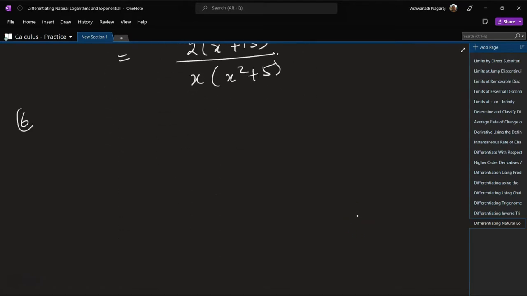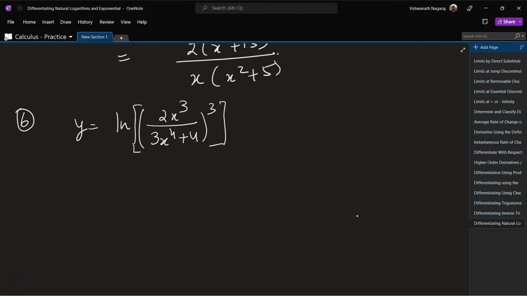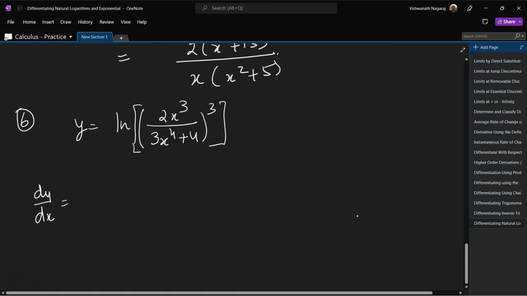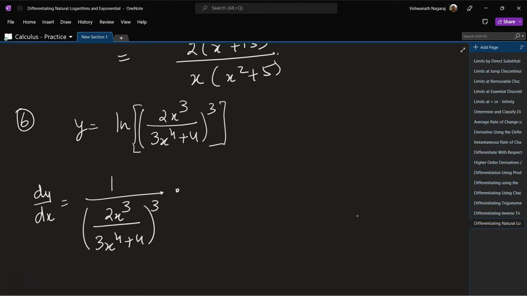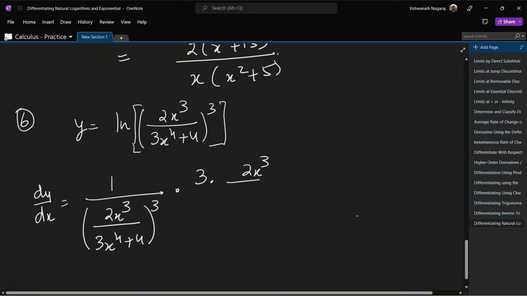Let's look at the sixth one. Y is equal to natural log of 2x cube by 3x^4 plus 4 cube. Again, let's put this bracket. So we get dy by dx is equal to 1 by 2x cube by 3x^4 plus 4 cube times 3 times 2x cube by 3x^4 plus 4.